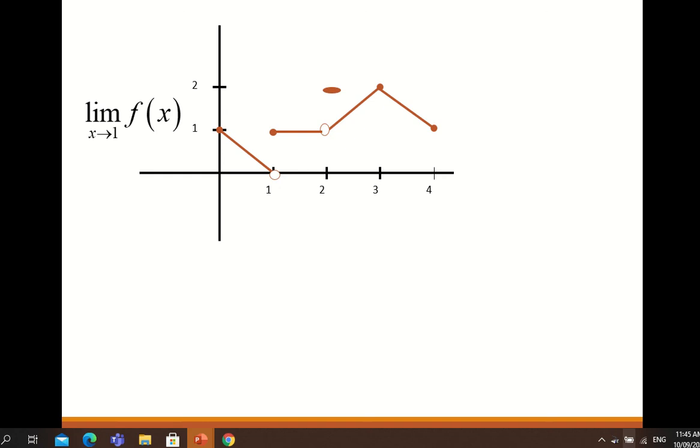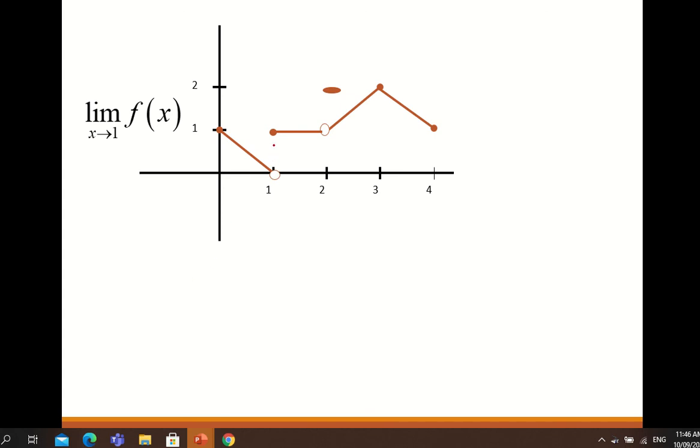Let us see if you can solve this problem. Here we are asked to determine whether the limit of the function f of x as x approaches 1 exists or does not exist. The same thing we have here.